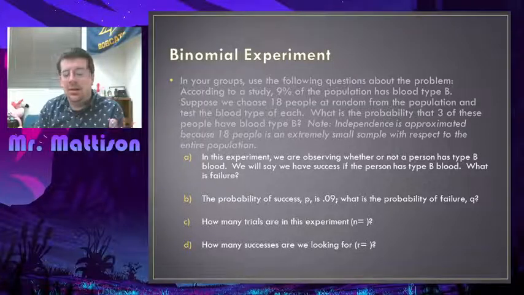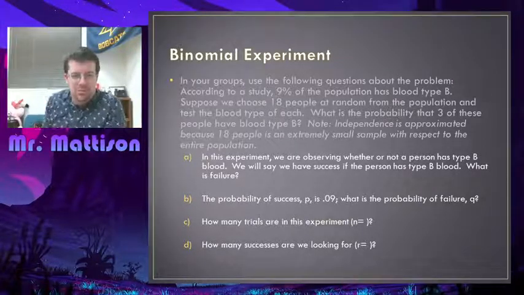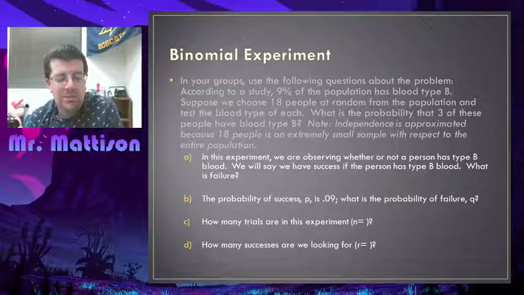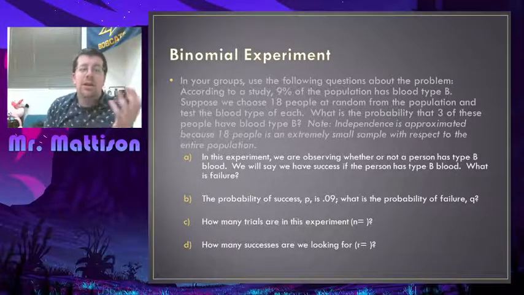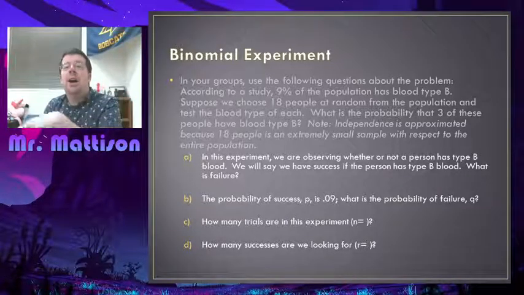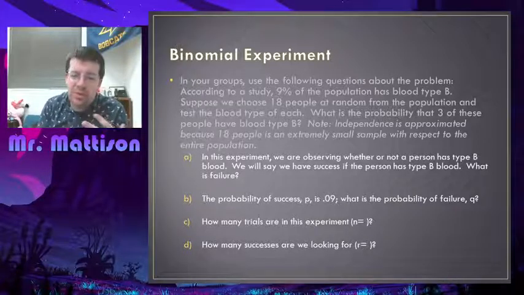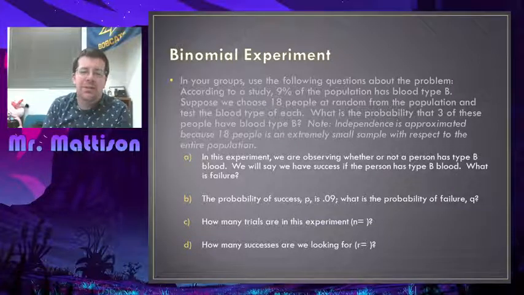If I pick everyone from the same family and they all have type B blood, that's going to drastically change my results versus getting a truly random population. Since 18 people out of the entire population of the US is a very, very small chance of them being related, we can assume that it is random. So that's what that little note means.